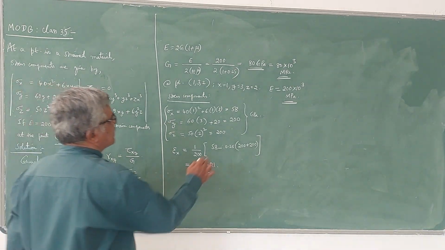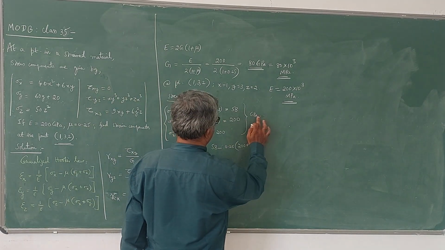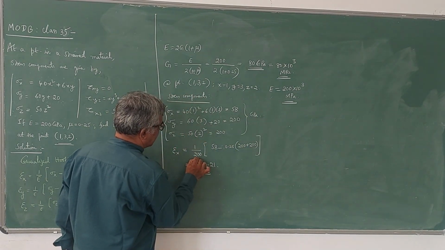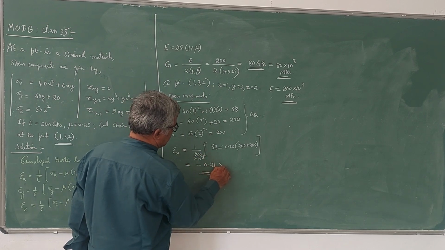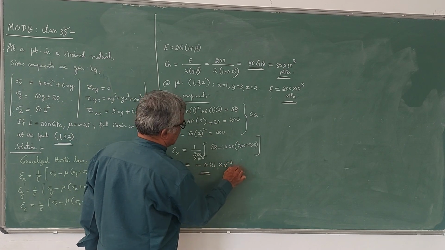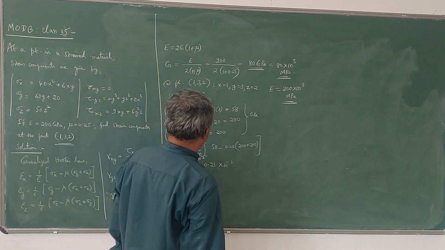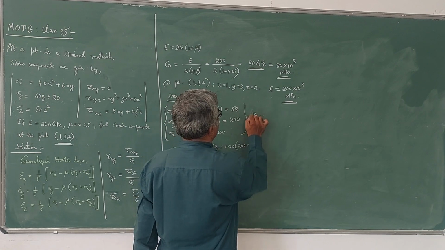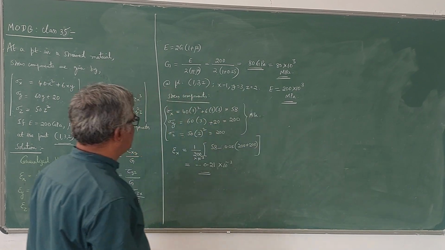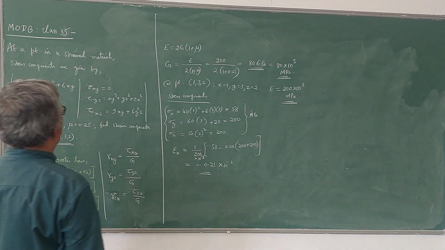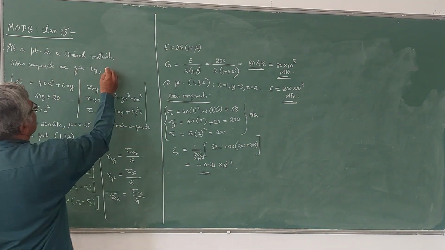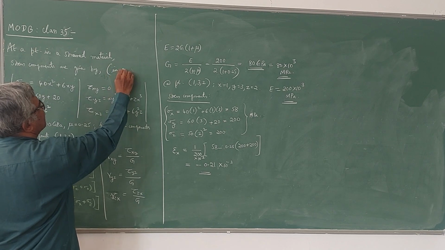In that case, here I have to take 200 into 10 power 3, so that this becomes minus 0.21 into 10 power minus 3. So let me take the stress values in MPa.